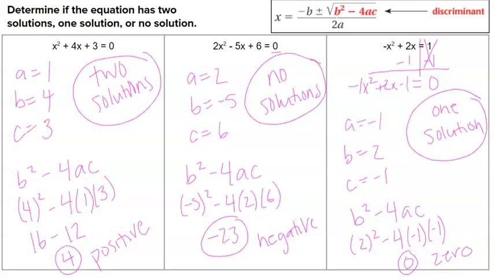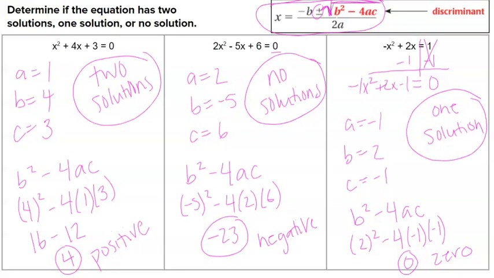Now the reason for that is, if we think about our quadratic equation, if this square root piece is equal to 0, that means we're adding and subtracting 0 to that b value. If we add 0 or subtract 0 from a number, that number stays the same, which is why we're not adding or subtracting something different.